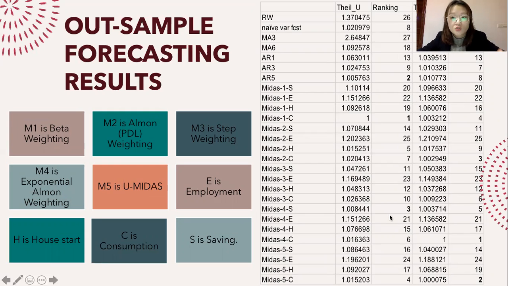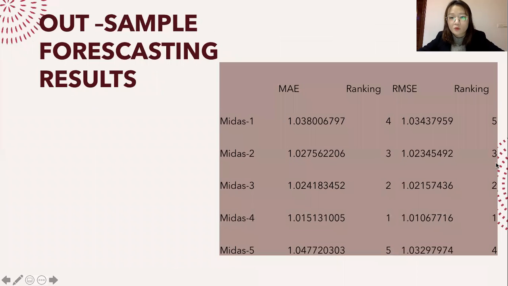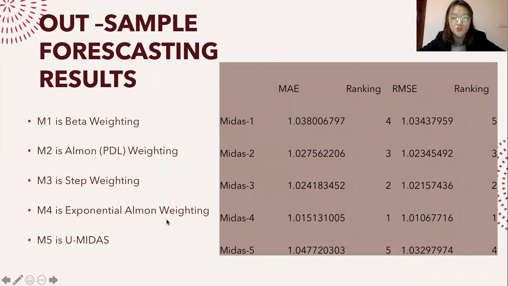And we still want to find which weighting method of MIDAS has the best performance, so we continue with these tables. This table is showing, just like the in-sample just now, the MAE and RMSE, but this time the result is perfect, because the top and second rankings are exponential Almon and step weighting.